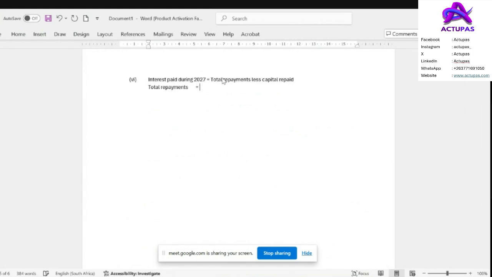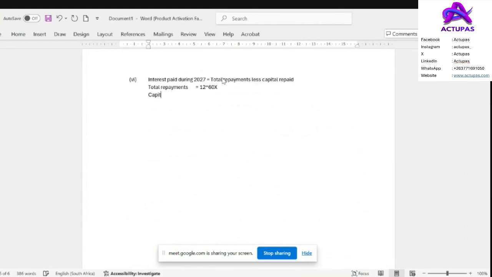So the first part would be getting the total repayments, which will be equal to 12, because these are 12 payments made monthly during the year, times 60x, and we know our x is 5.33. And then the next part is the capital repaid.